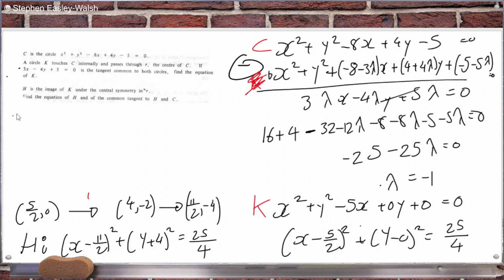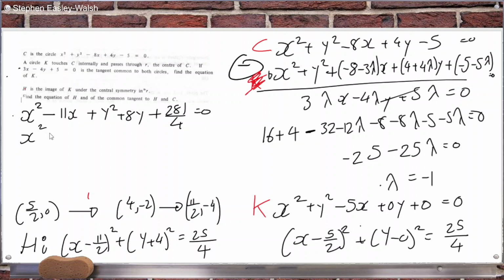Okay, so H would be x² - 11x plus a constant I know, plus y² + 8y, and then, let me see, minus 25/4, and then plus 121/2, and then plus 16. So that's plus 281/4 equals 0.